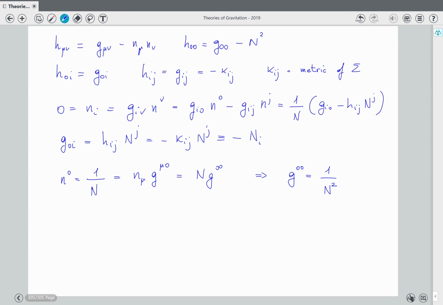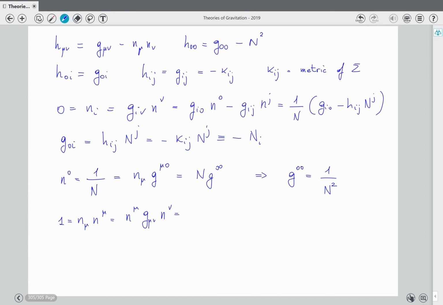Then we have that 1 is equal to n_μ n^μ, which can also be written as n_μ g^{μν} n_ν. So this time we write it this way.